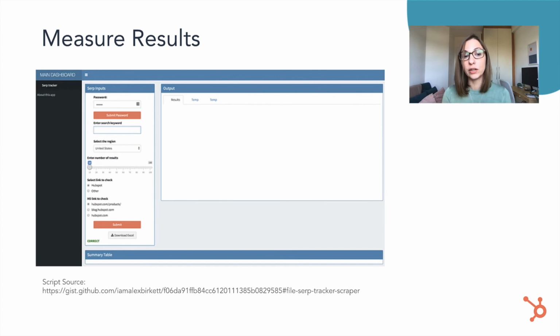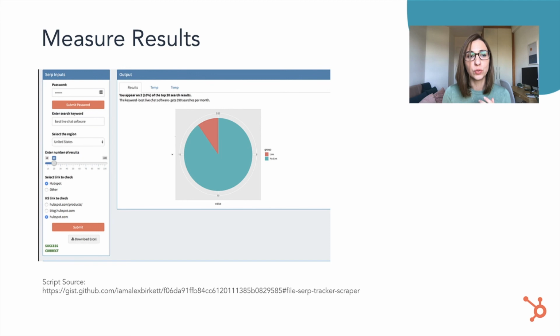So if you want to take a glimpse at his tool or try to build something very similar, he's been kind enough to publish on GitHub the source of the tool, so you can copy that and improve it, make it your own, and start tracking your results. You have the source in the slide if you need it.